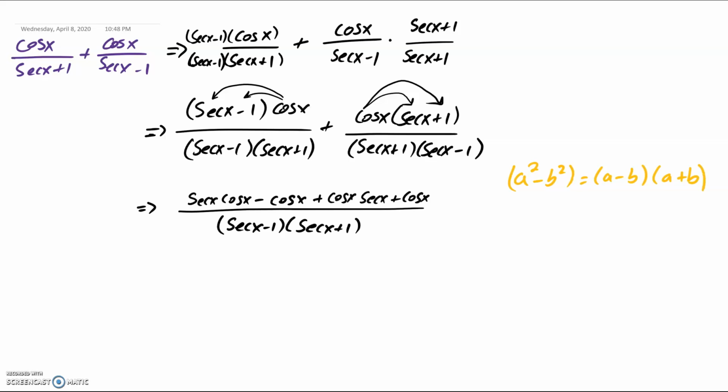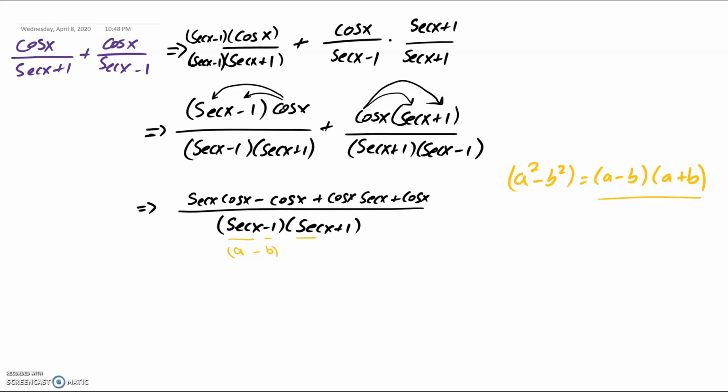If you look at the denominator, the right side of this formula is like our denominator. Here, secant x is representing a and 1 is representing b, right?